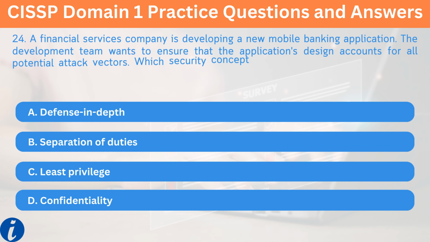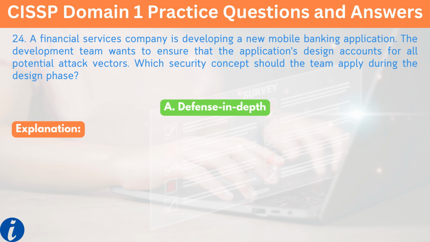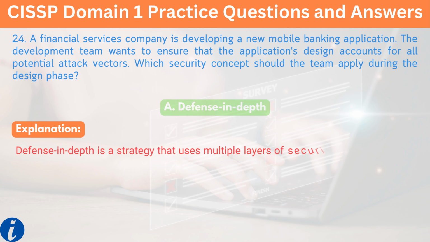24. A financial services company is developing a new mobile banking application. The development team wants to ensure that the application's design accounts for all potential attack vectors. Which security concept should the team apply during the design phase? A. Defense in depth. B. Separation of duties. C. Least privilege. D. Confidentiality. The correct answer is A. Defense in depth.